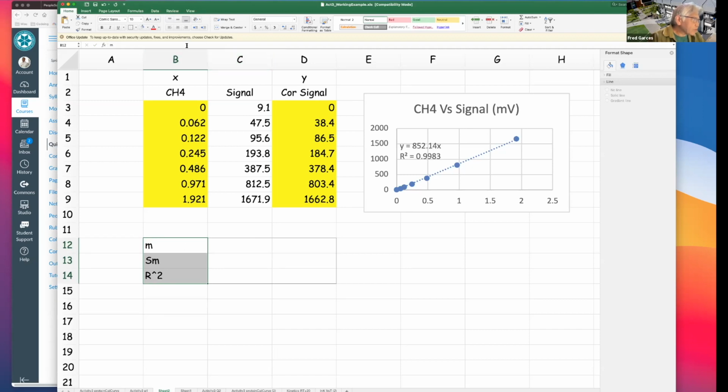I'm going to make sure it justifies to the right. And then here I'm going to put B, that's the intercept, S sub B, and S sub Y.